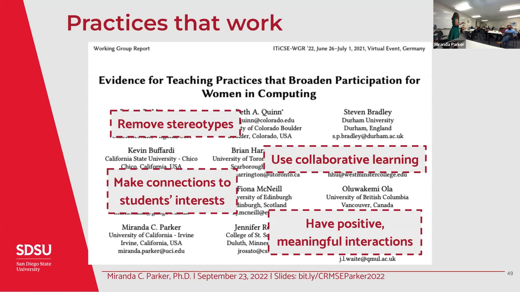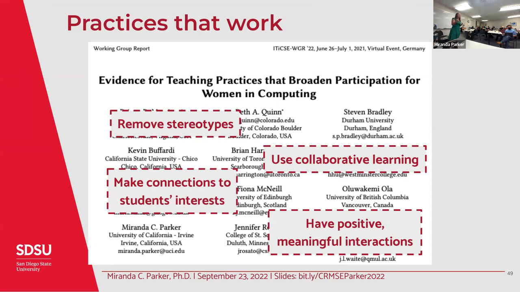To save you from reading 80 pages, and hopefully these are not surprising findings for you: removing stereotypes is a really good practice to increase representation in computer science. Using collaborative learning, active learning, peer instruction, think-pair-share can help increase the ratio there. Making connections to student interests.